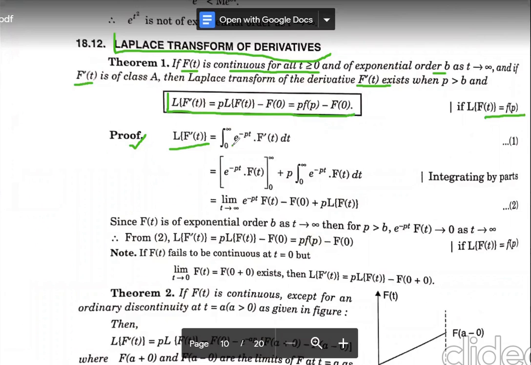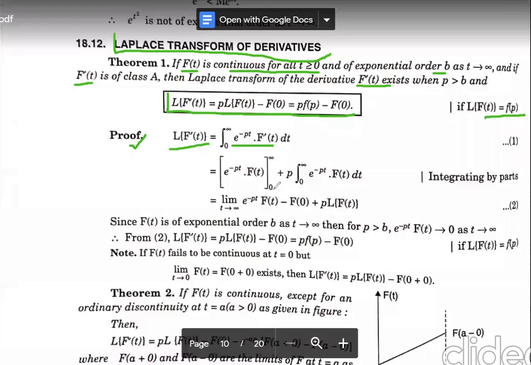Then you integrate it using by parts. Taking f dash t as the first function and e to the power minus pt as the second function. If you do by parts, you'll get like this. Now if you put infinity first, that means limit t tends to infinity, e to the power minus pt f of t first.